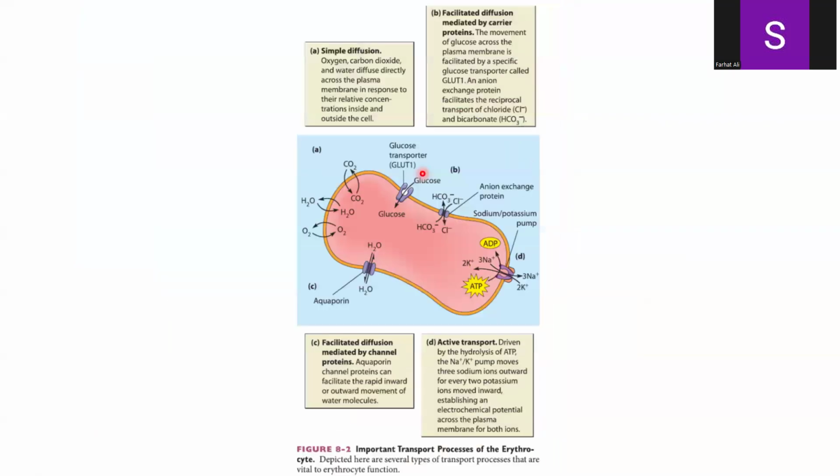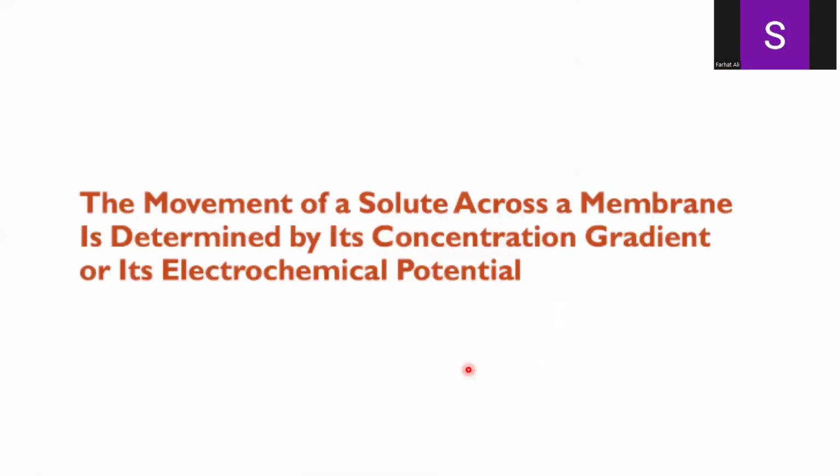So in this manner, all these four different types of transport processes, including simple diffusion, facilitated diffusion by carrier proteins, facilitated diffusion by channel proteins, and active transport, are summarized in this figure. The movement of substances across a membrane is determined by the concentration gradient, or in case of ions or charged substances, it is determined by the electrochemical potential.